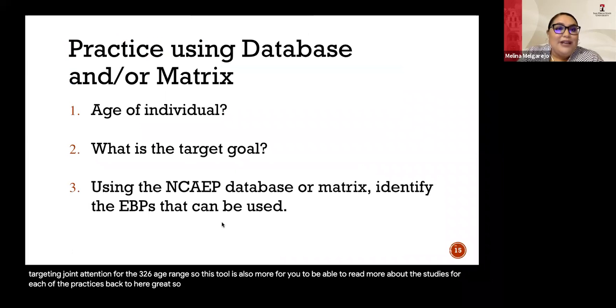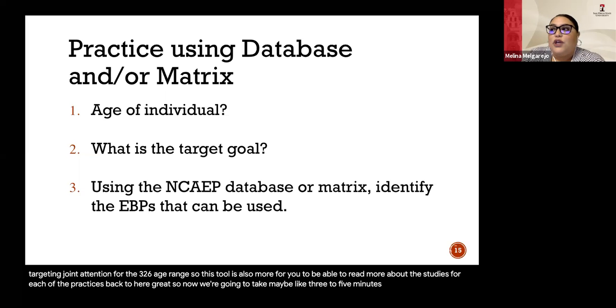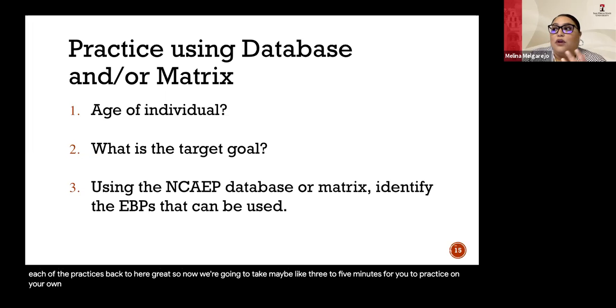So now we were going to take maybe 3 to 5 minutes for you to practice on your own, either using the matrix or the database that I just showed you. You can think of somebody maybe on your caseload, or your child, or whatever you would like.